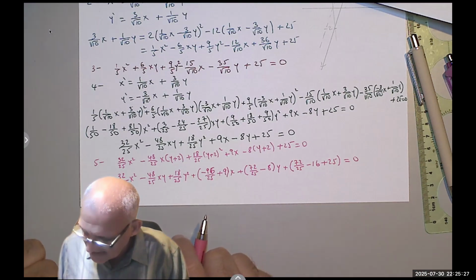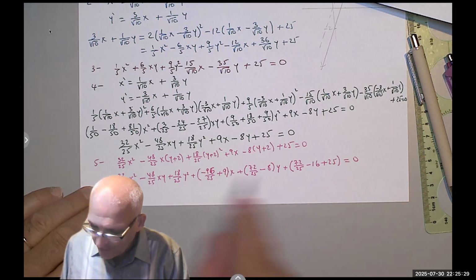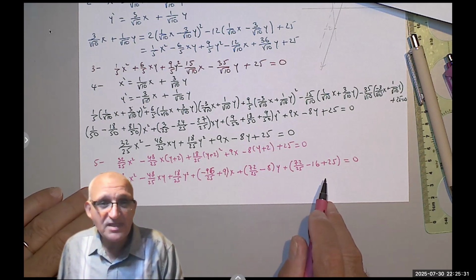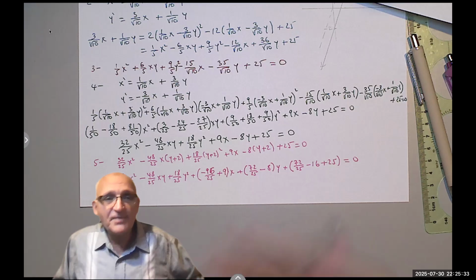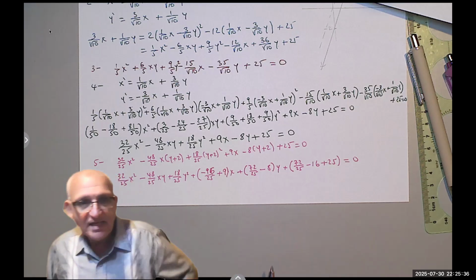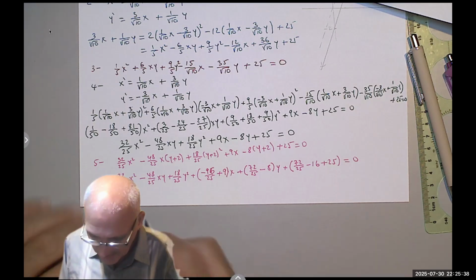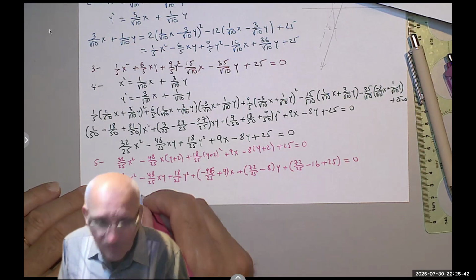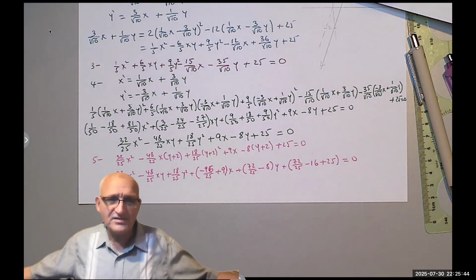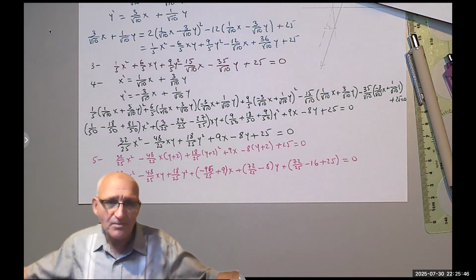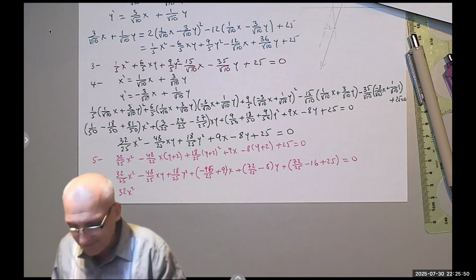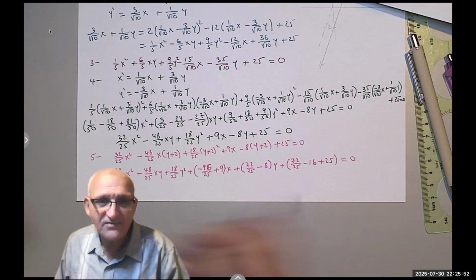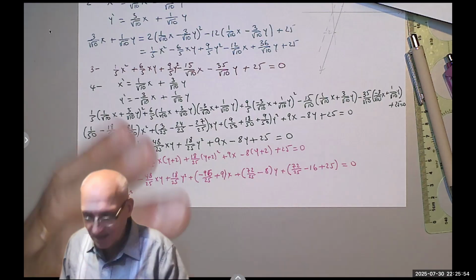Okay, it seems like everything will have a denominator of 25. So maybe as we go, we multiply by 25 and see what we get. Notice you can multiply right and left by the same number and you didn't change the equation, right? So that's why I'm going to multiply by 25, because why would I leave fractions as the coefficients?